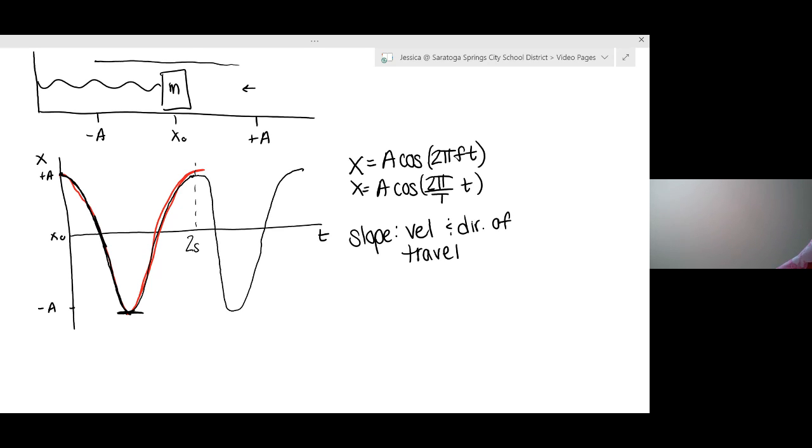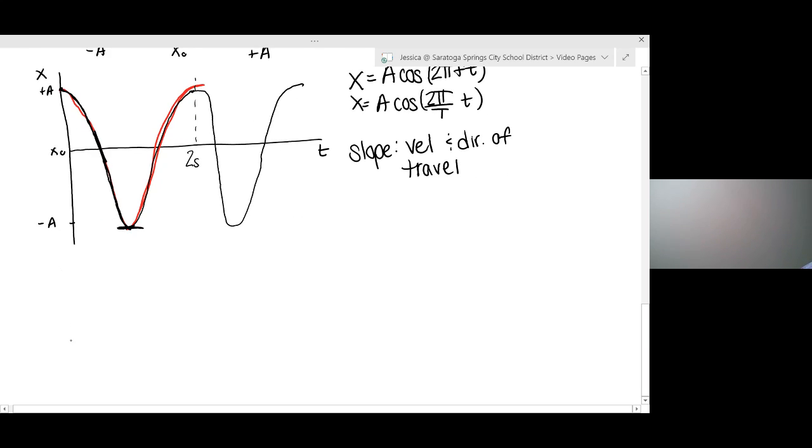You also sometimes may be presented with velocity versus time graphs for these objects. They actually follow the same period thing, but instead of cosine curves, we're going to use sine curves. Because remember, the slope of the position versus time graph tells us velocity. So the slope we start with is 0, and then we have negative velocity and become 0 again.